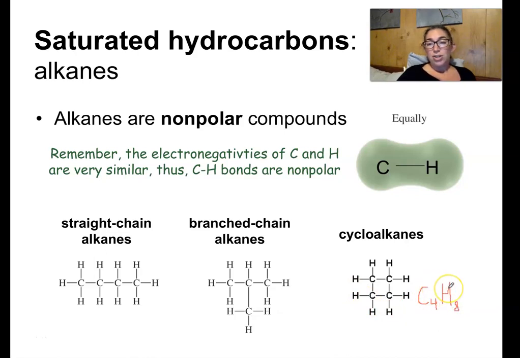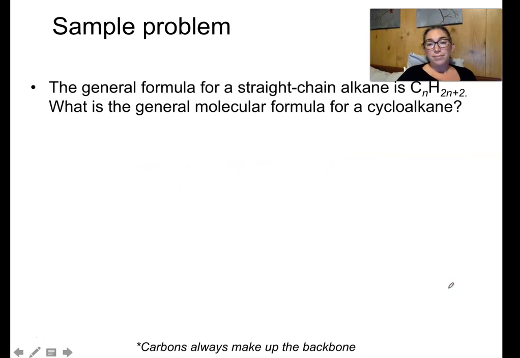So if we wanted to turn that into a generic formula, we would say that a cycloalkane has a generic formula of CnH2n. However many carbons there are, each carbon is going to have 2 hydrogens. And so this would be the formula for a cycloalkane versus the formula for a straight chain alkane.